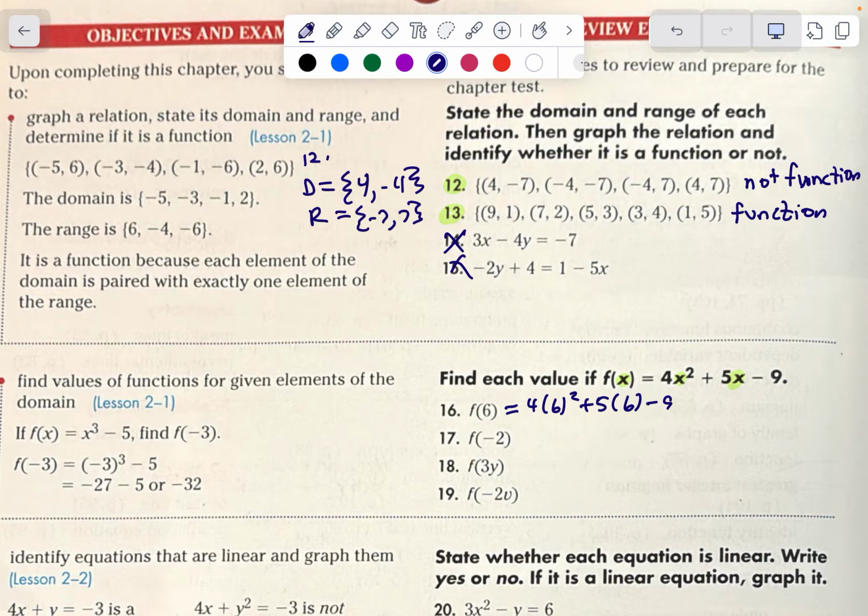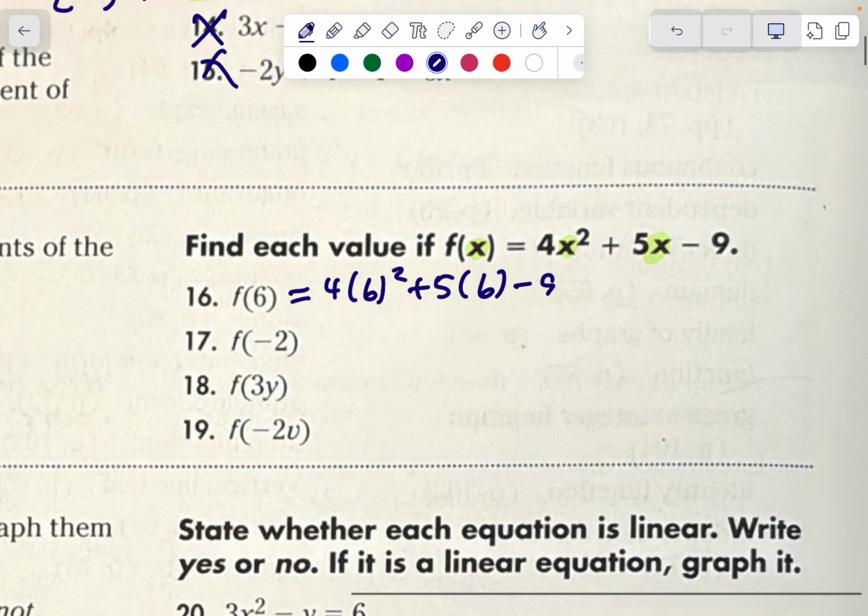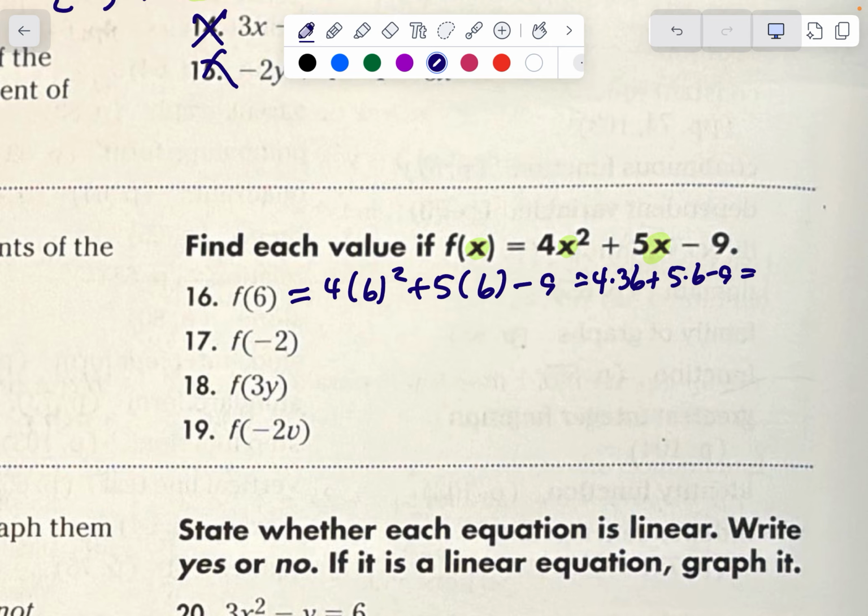Now, if you put a little parenthesis there, then you are more likely to follow order of operations, okay? So this is going to be 4 times 36 plus 5 times 6 minus 9. 4 times 36 is 144. 5 times 6 is 30. 144 plus 30 is 174.